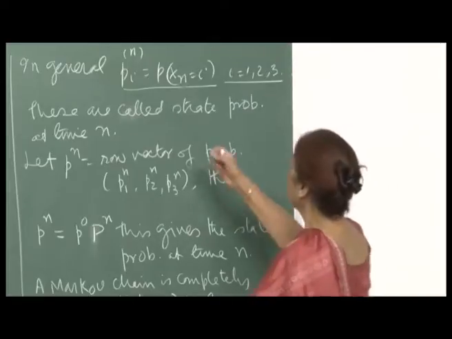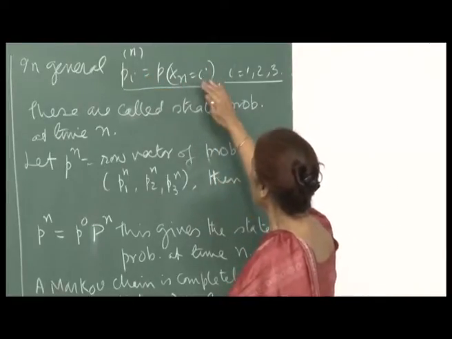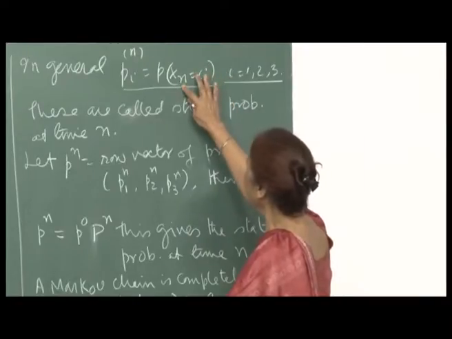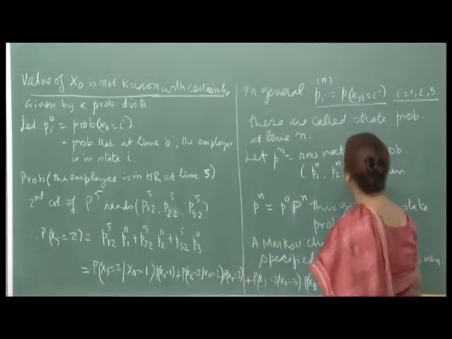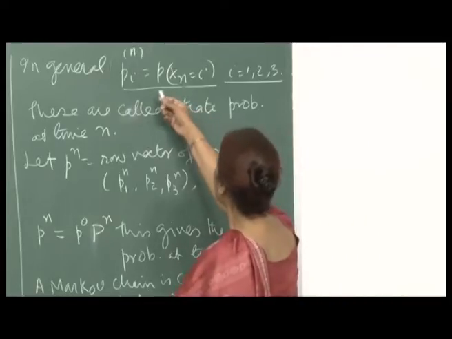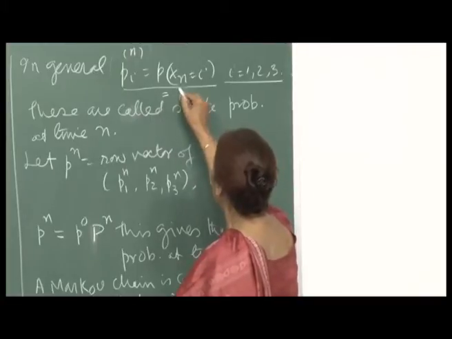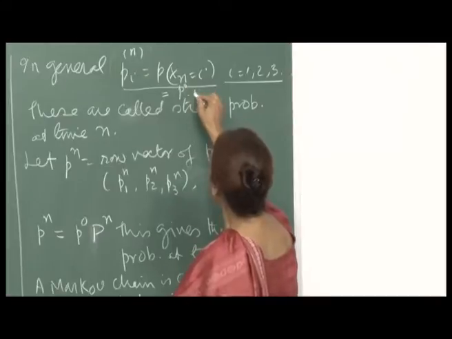Okay. So, then P I n is the probability x n equal to I, that means the system is in state I at time period n. So, these are the probabilities and I have shown you how we will compute them. So, okay, you can write them down right here. So, this will be your, I am writing it as small p naught into P n.